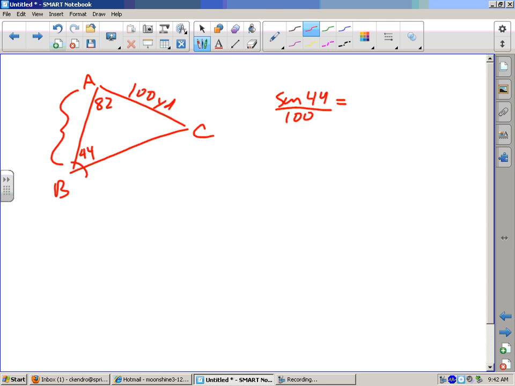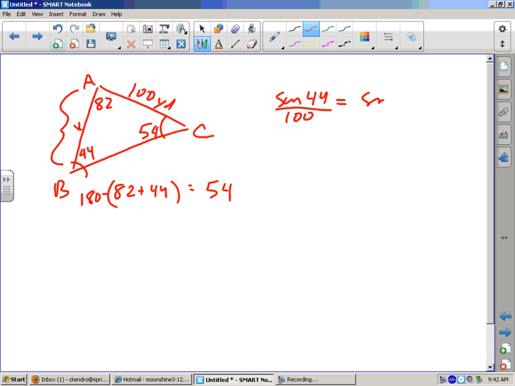Now we have to figure out this angle, because this is the side that I don't have. So if I subtract 82 and 44 from 180, I should get 54 degrees. So now I know that this is 54.